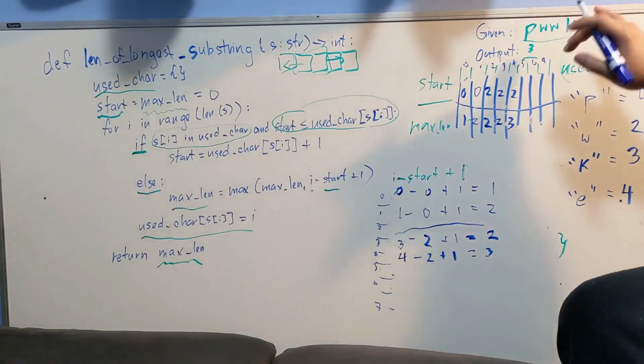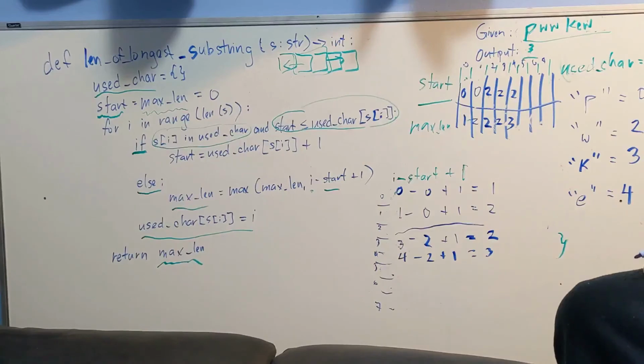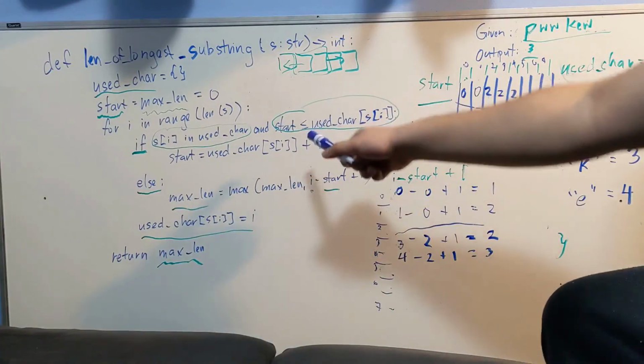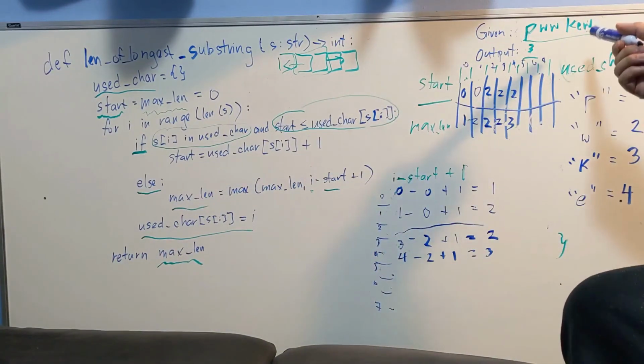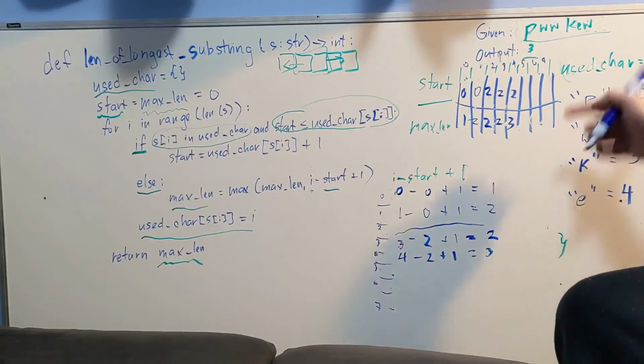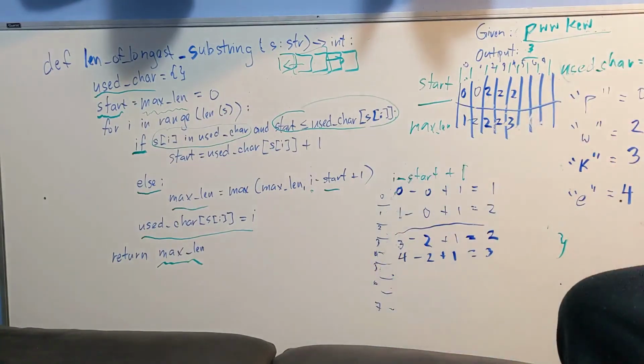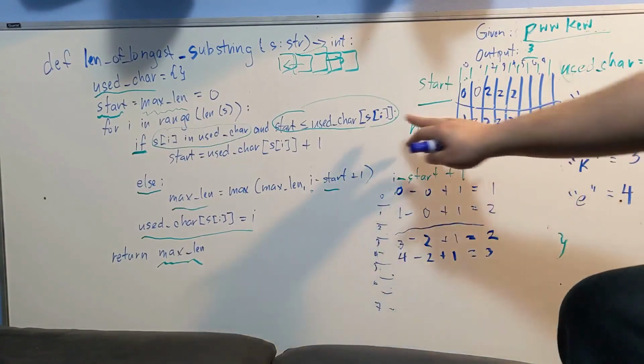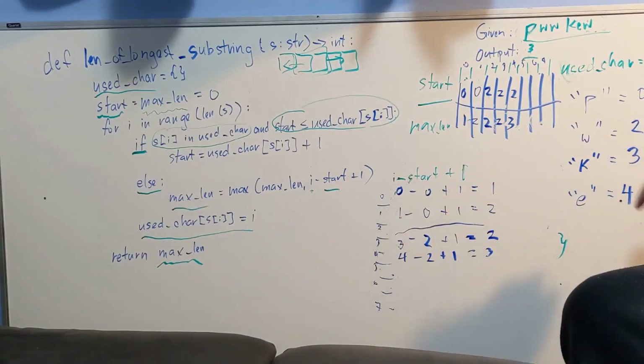And then now we'll go to the next loop with W. Is W in the dictionary? Yes. Is start, which is 2, less than or equal to the value in the dictionary, which is 2? They're equal.